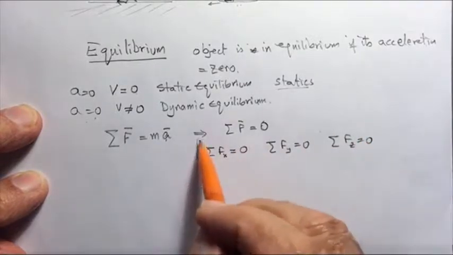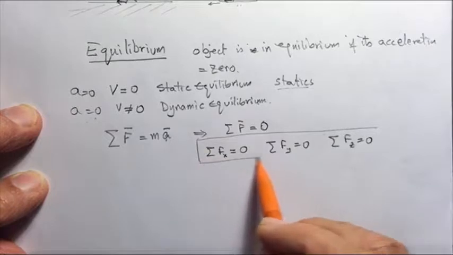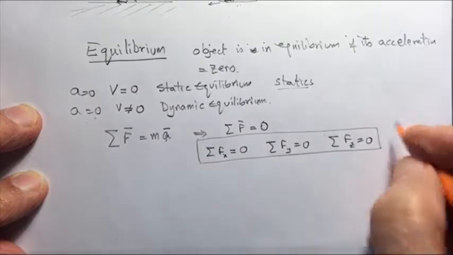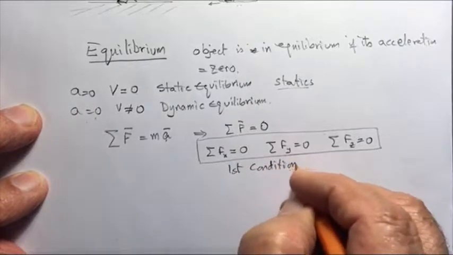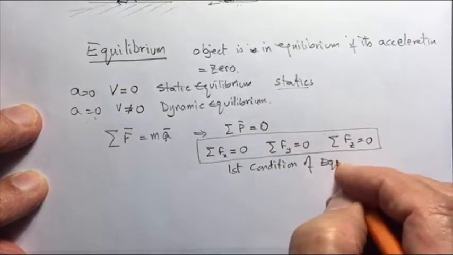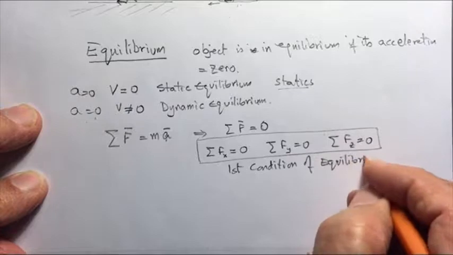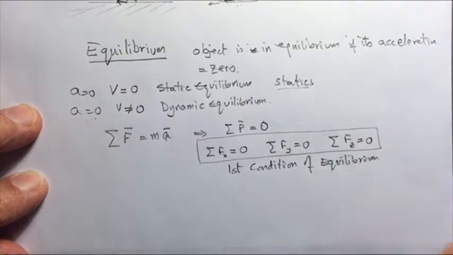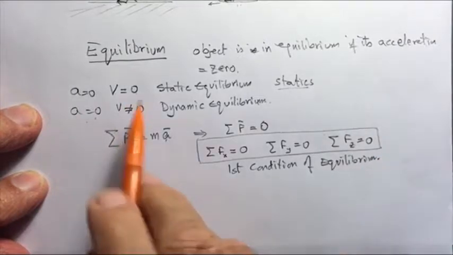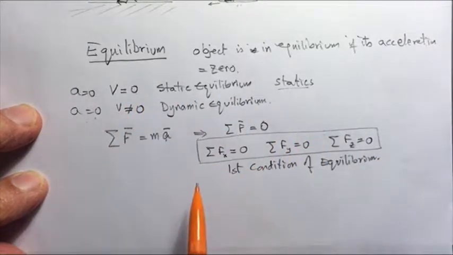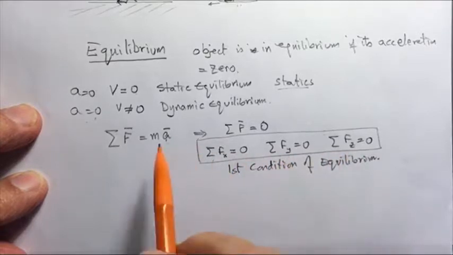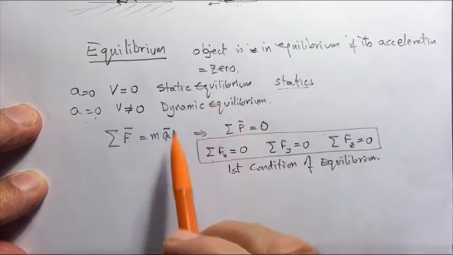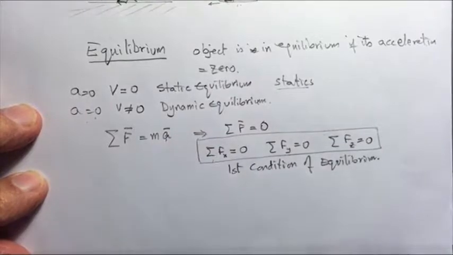Collectively this becomes the first condition of equilibrium. We'll see the second condition of equilibrium in a later chapter. Now we'll do some examples on equilibrium, and we'll also do some examples which are not in equilibrium and they do have an acceleration.